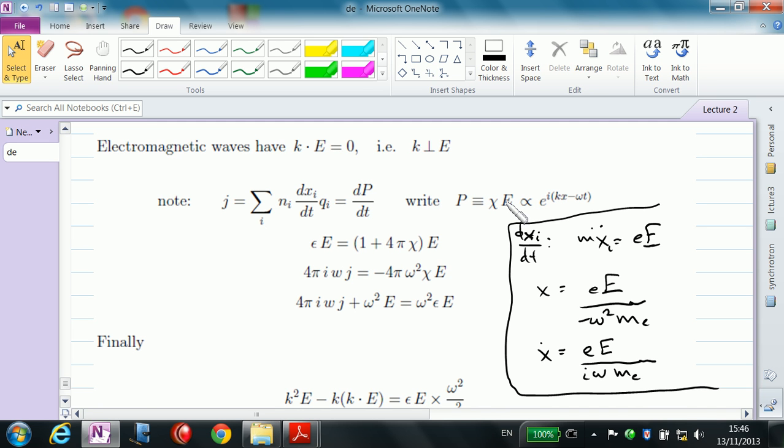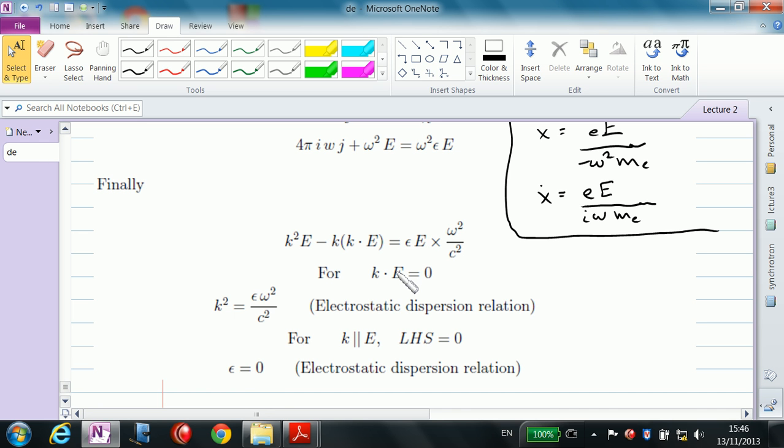And this is always right to linear order, because even if there's a background magnetic field, if there's no electric field, nothing's going to happen. But since there's a wave, there is an electric field, and the response of the particles is linear to that electric field.